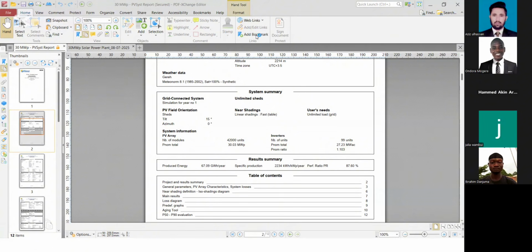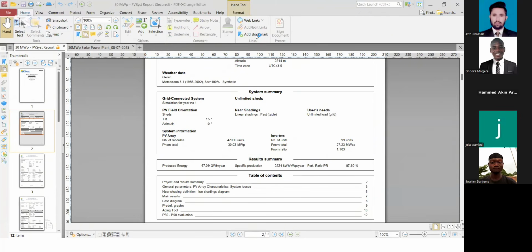In the on-grid system, we have to select which mounting structure we are using, like the tracker or the fixed structure. In the tracker we have different options, like single axis and double axis.